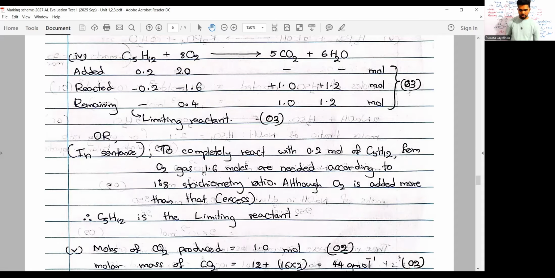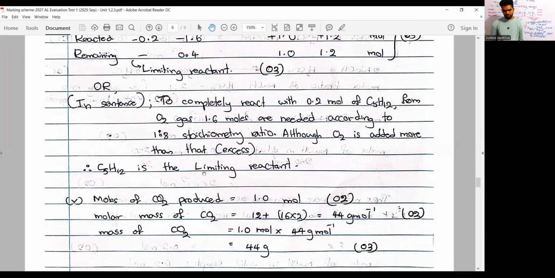Although O2 is added more than that, it is in excess, therefore C5H12 is limiting. That sentence also gets marks. Only very few students wrote that sentence. The majority of you tried the ARR method I taught. Anyway, both are correct.